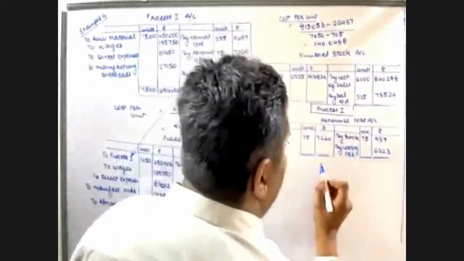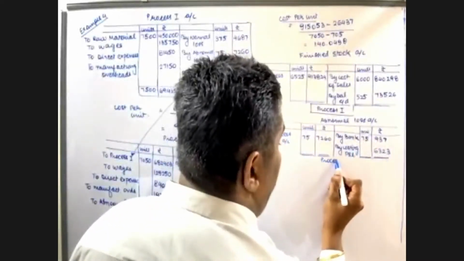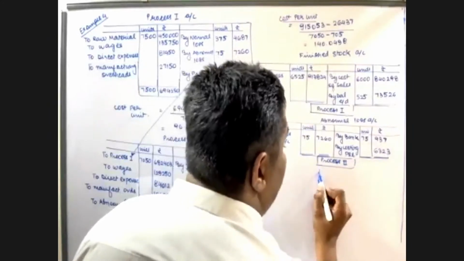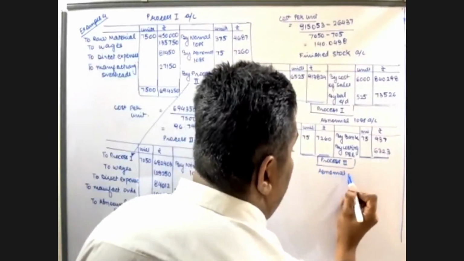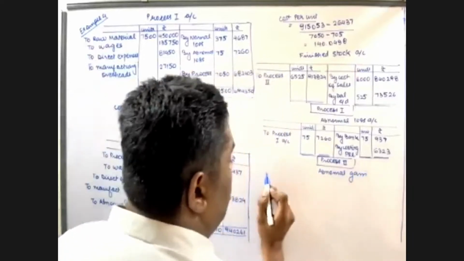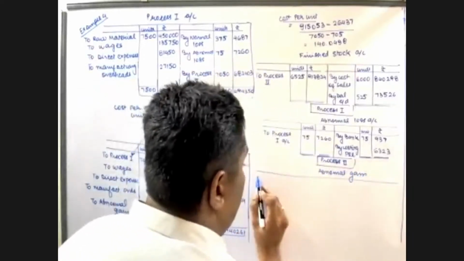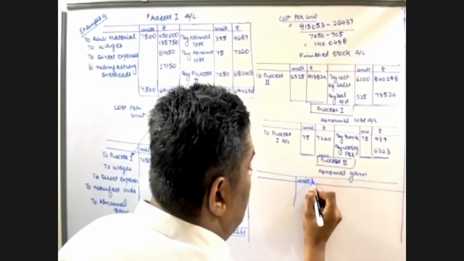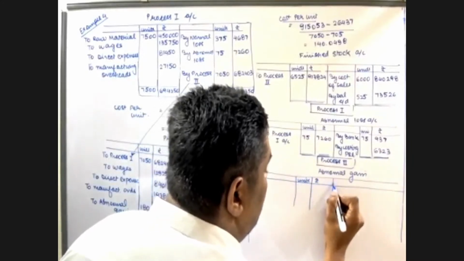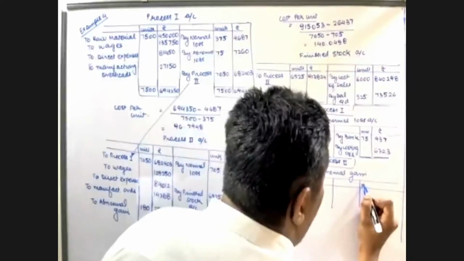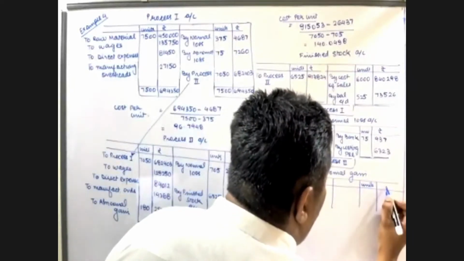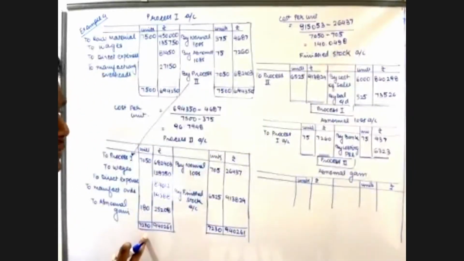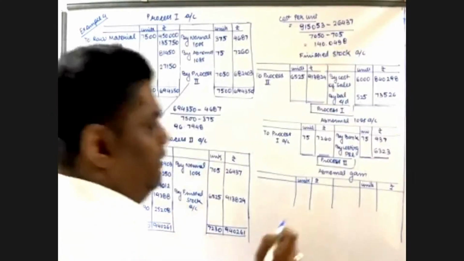When talking about abnormal gain and normal loss account, the abnormal gain in process second is 180 units and the value is 25,208.